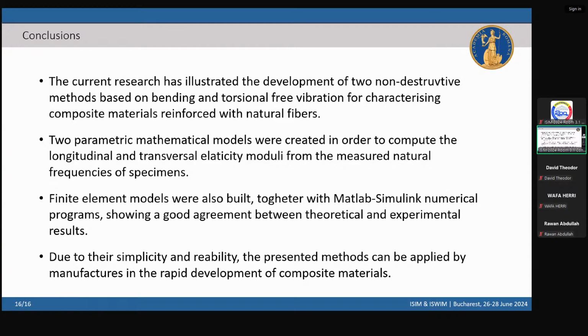So they can test their production, which is not so constant in quality, by random checking of different samples from the composite materials they produce, and they have some initial values of these frequencies, and therefore the global values of the elastic coefficients, transversal and longitudinal, so they can improve and modify the manufacturing process.